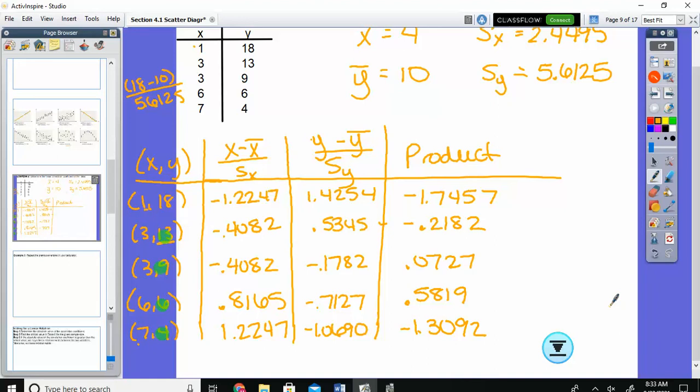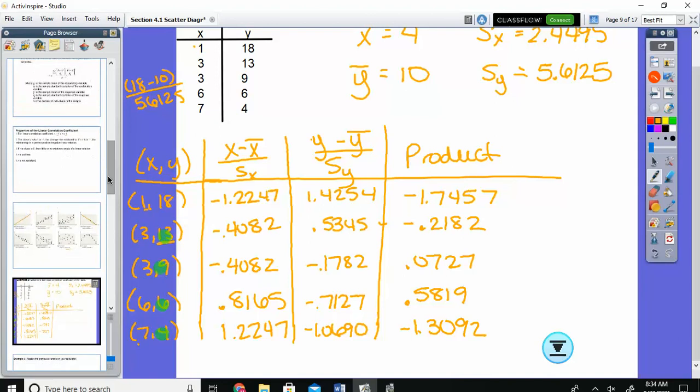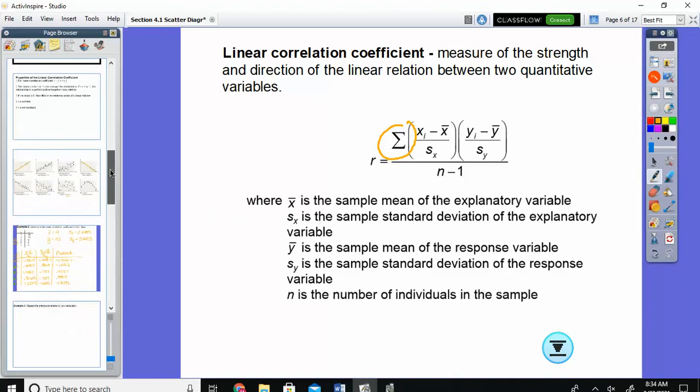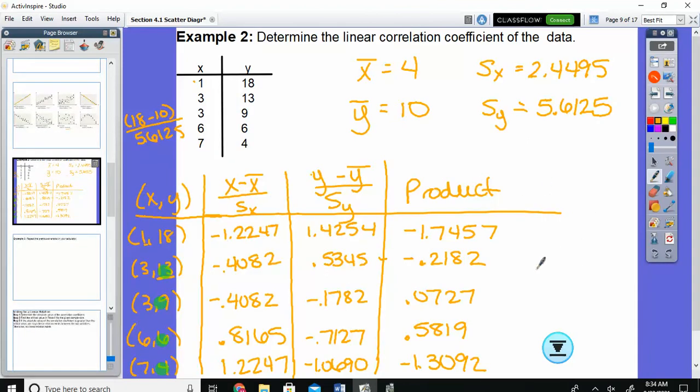Okay, so now look at your formula. We have found all of these products. What does this say we have to do with those? Add them all up and divide by n minus 1.